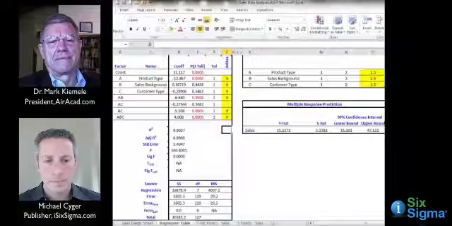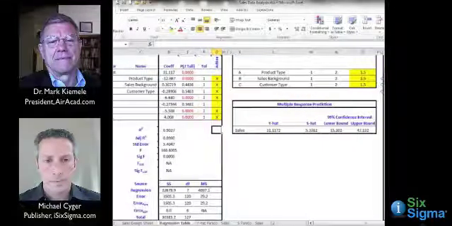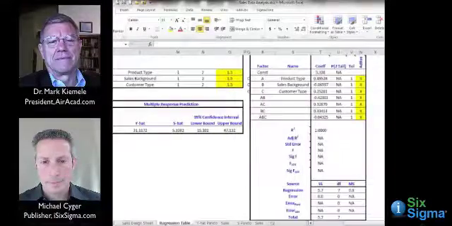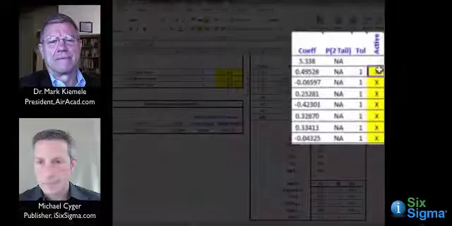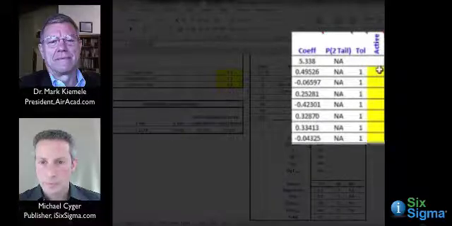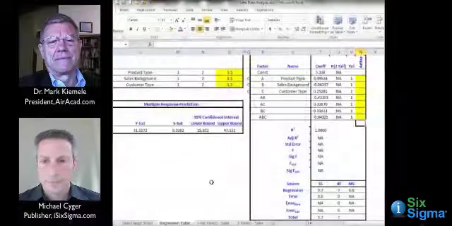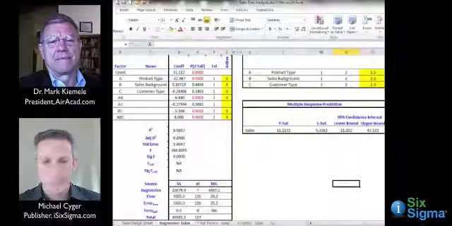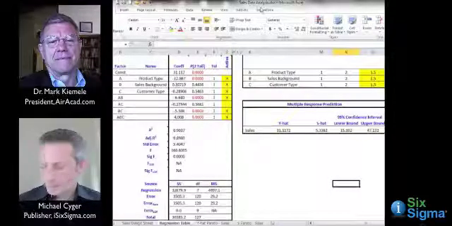We saw nothing significant over in the S hat model, so we're taking all this stuff out. It probably wouldn't make any difference if we took it out or left it in, to be perfectly honest, because nothing's significant there anyway. And then you re-regress, and you get what, as George Box would say, is the most parsimonious model.